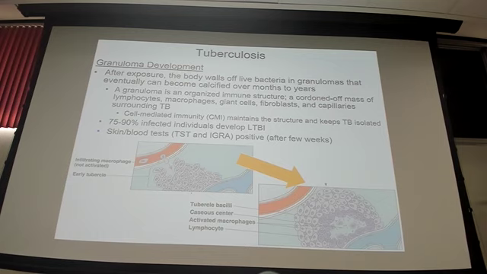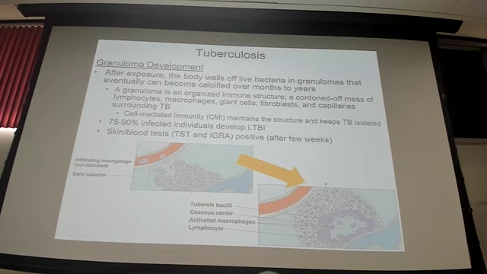Immunosuppressants, yeah, immunosuppressant therapies or drugs. Anything else? Yeah, aging. So again, when your CD4 counts start dropping over time, this invariably is going to impact your ability to maintain those granulomas. Very, very important thing to remember.